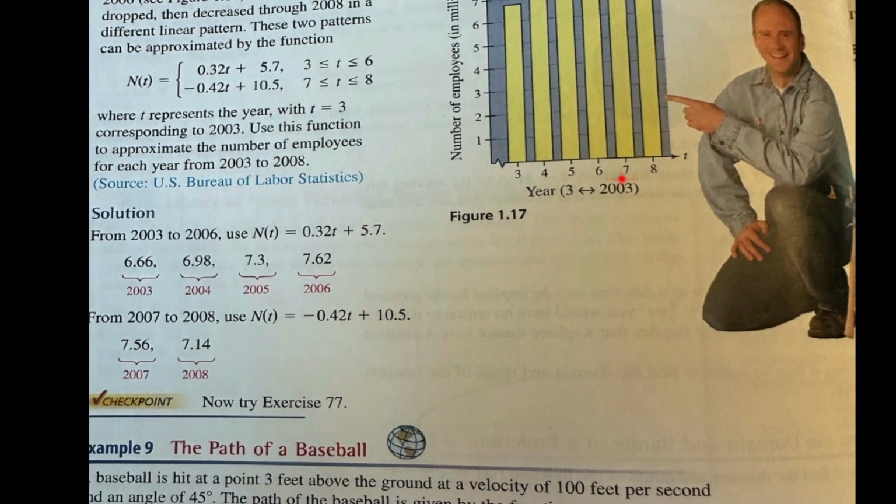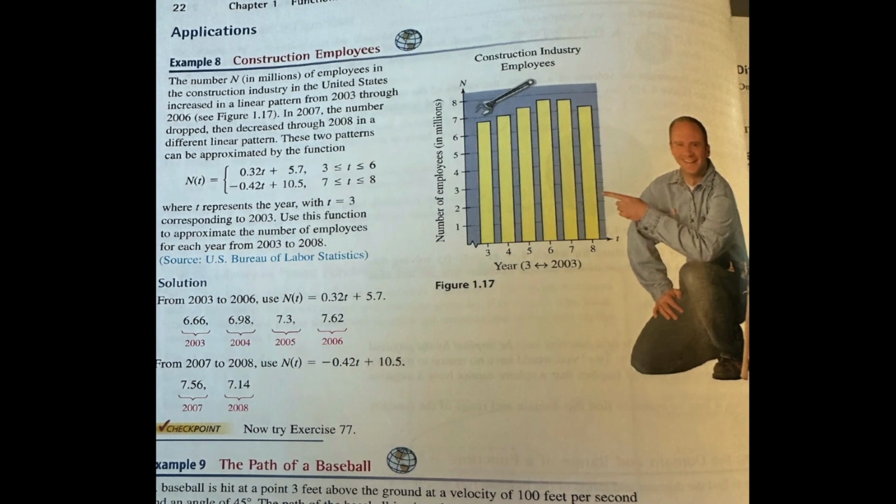And when we go to years 7 and 8, we want to know what this and this is. So we would be using this piece of the function, which is listed right here. When I substitute 7 in place of t, we get 7.56. And when you substitute 8 in place of the t here, you get 7.14.